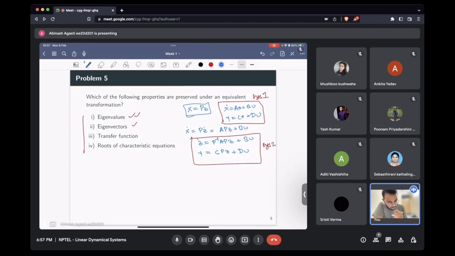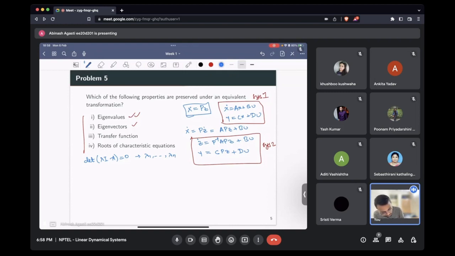How do we find the eigenvalues of the system in system one? We know that the eigenvalues are given by this equation, where if we solve for lambda, we'll get the eigenvalues. Let's say lambda 1 till lambda n are the solutions of this equation.